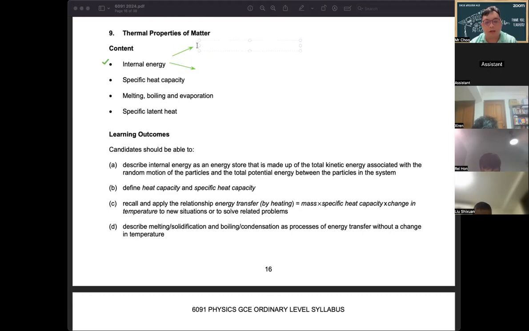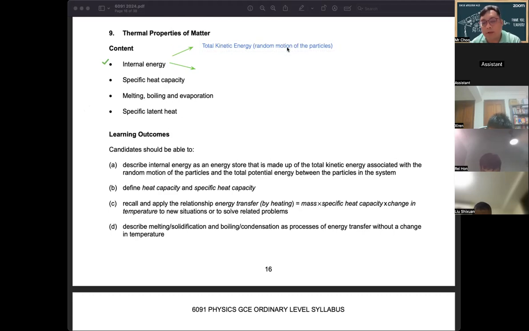First of all, it's made up of the total kinetic energy, which is related to the random motion of the particles. This is related to the temperature of the metal. You all remember that?